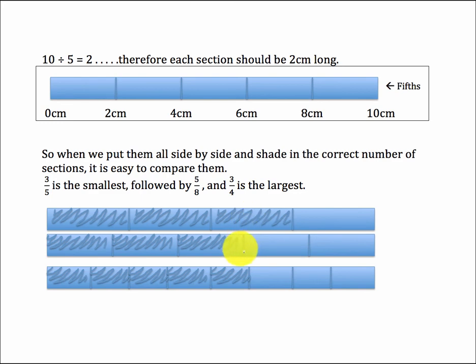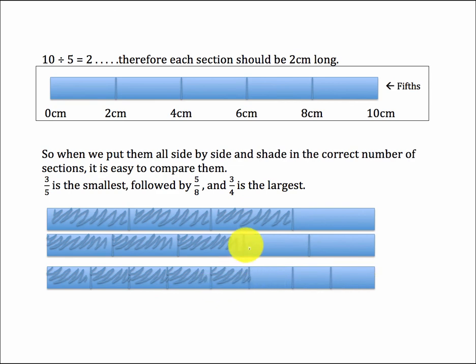The second strip that's in fifths, I want to shade in 3/5, so I shade in 1, 2, 3 out of 5 sections. And the last one was split up into eighths, and I had to show 5/8 here, so shade in 1, 2, 3, 4, 5 out of the 8 sections.